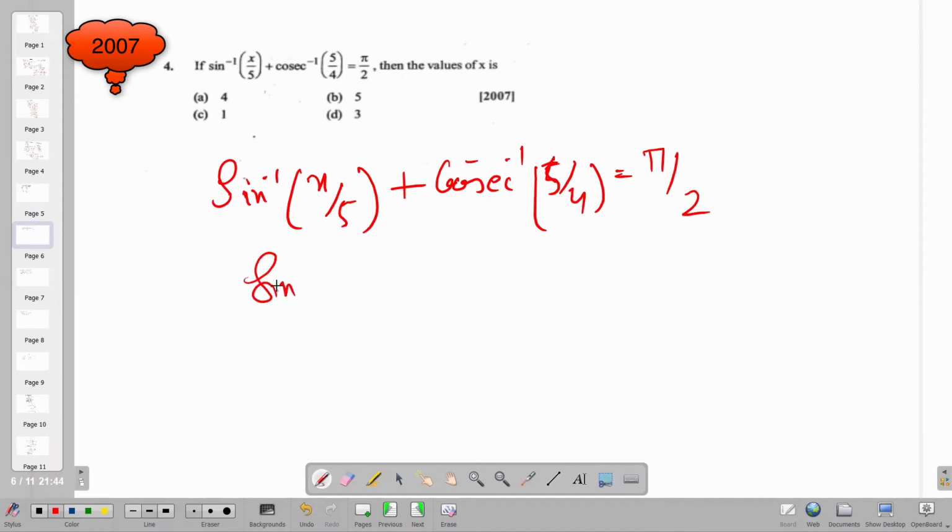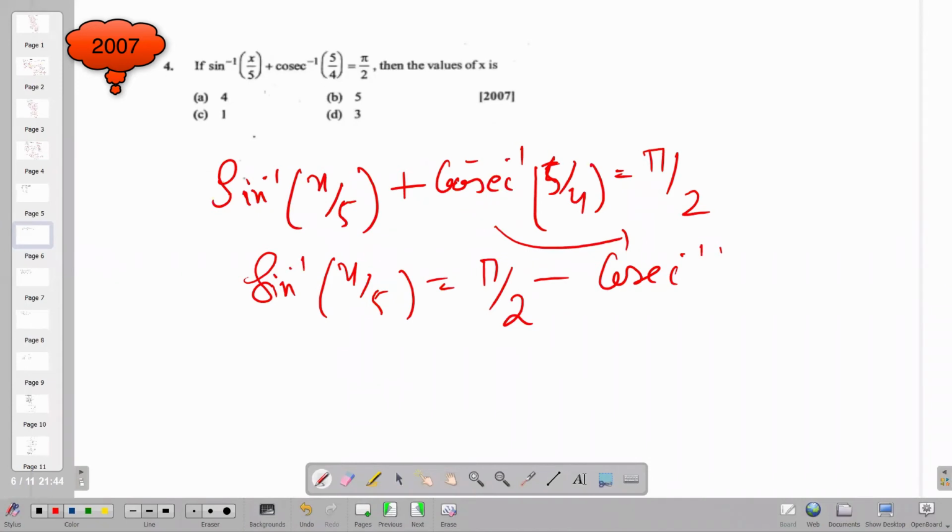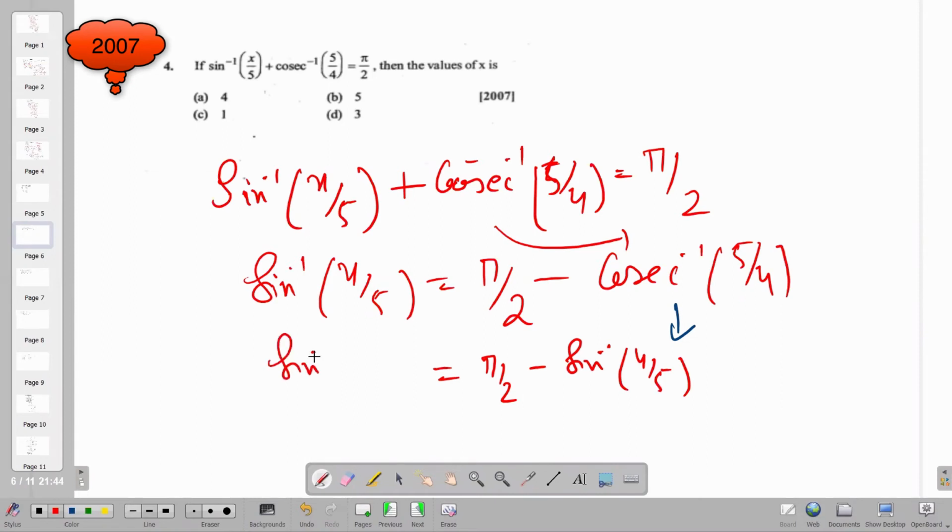Sine inverse of x by 5, if I take this to the right hand side, I can write this as pi by 2 minus cosec inverse of 5 by 4. Further, this can be replaced by sine because cosec is the reciprocal of sine. So I can rewrite this as pi by 2 minus sine inverse of 4 by 5. And here on LHS I have x by 5.